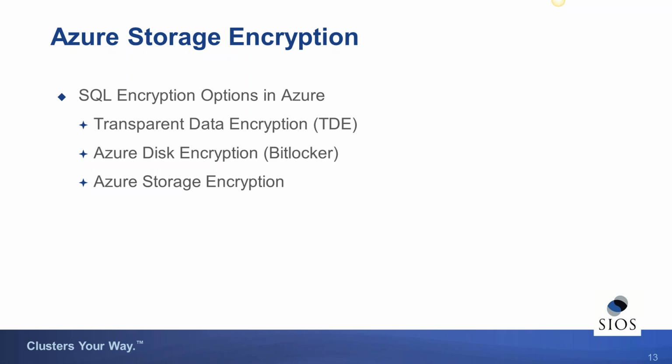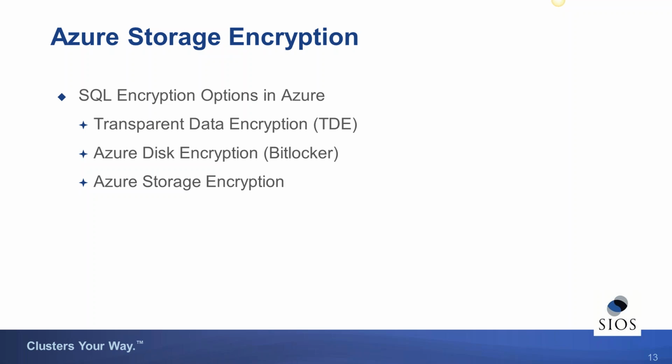The new feature, Azure Storage Encryption, encrypts the data on the back end, and I'll show you an example of how that works. It's very simple. When you create a storage account, you can just check a box to encrypt this storage account.